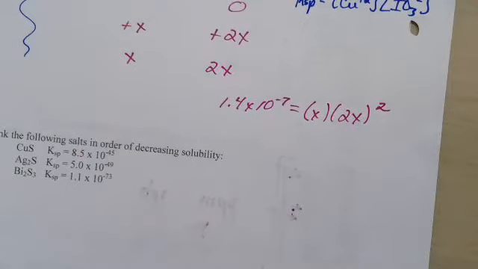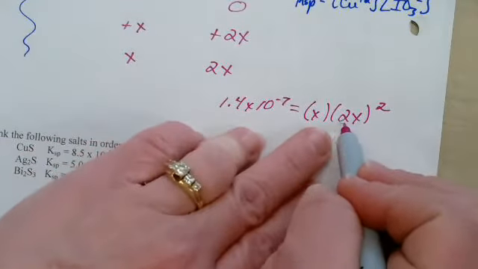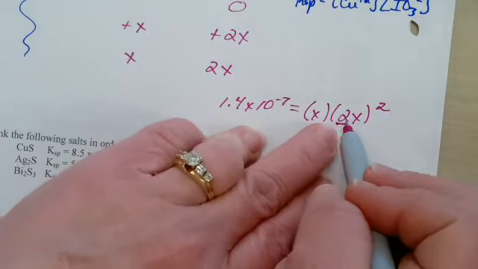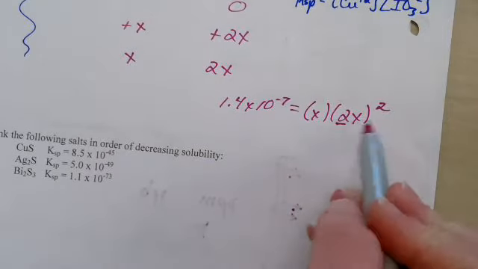A lot of students feel it's a little unnerving that the coefficient of X is the exponent, but that's confirmation of the law of mass action in this case, right?